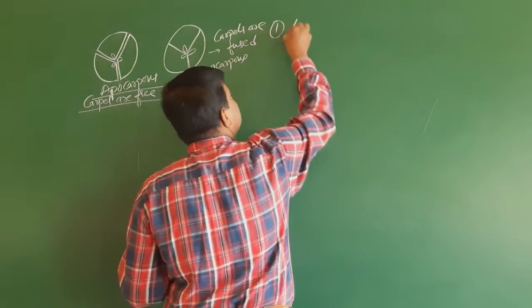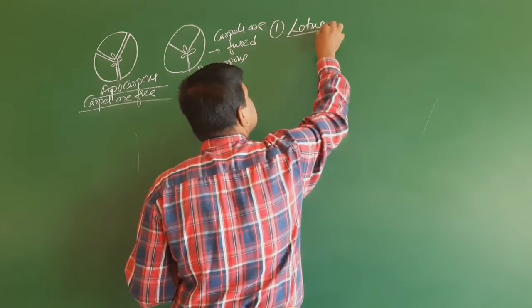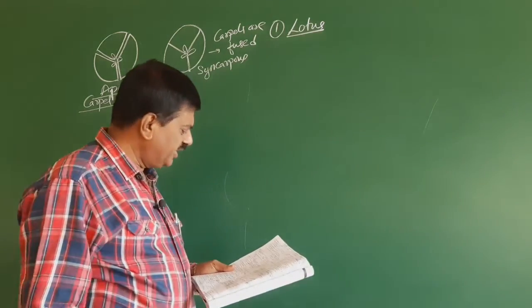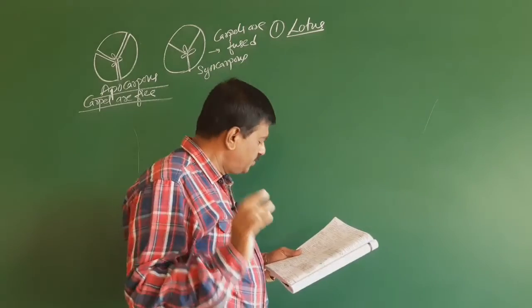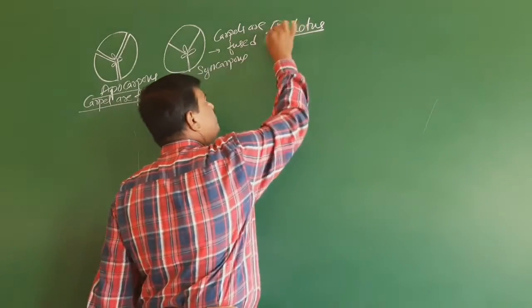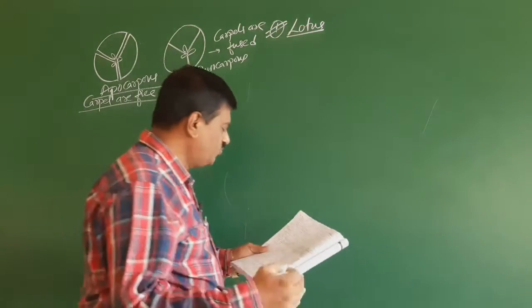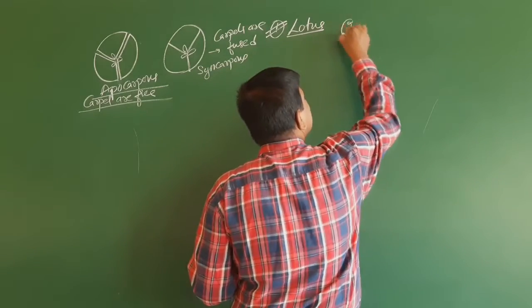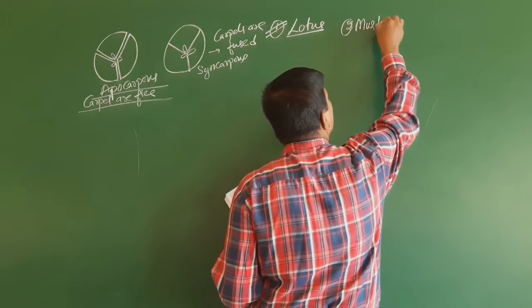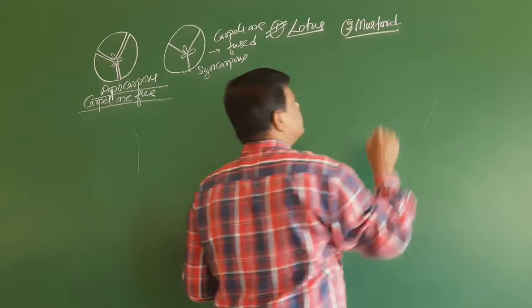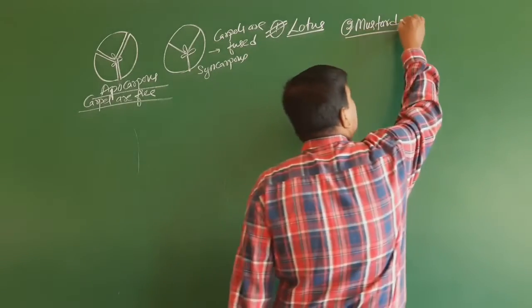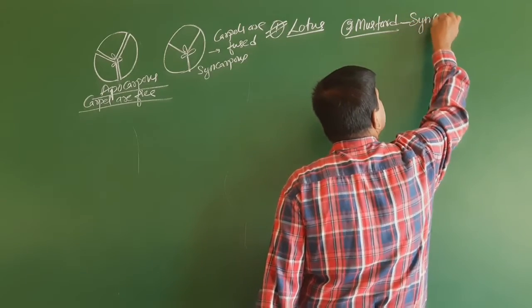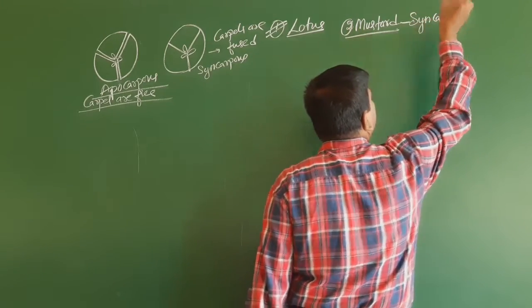So here the question is, apocarpous condition is seen in. The first option is lotus. We know that lotus is present in fresh, stagnant water. So here the right answer is lotus. We go for the second one, mustard. Mustard is Brassicaceae. Mustard has syncarpous condition, where the carpels are fused.